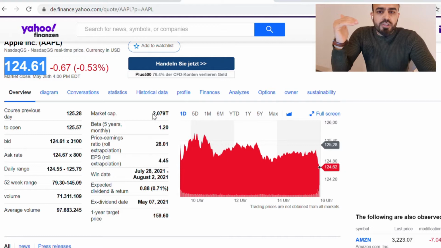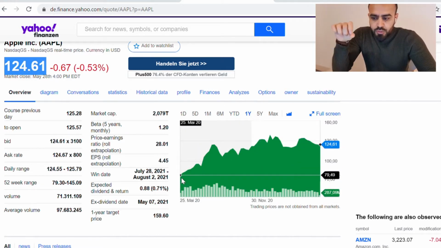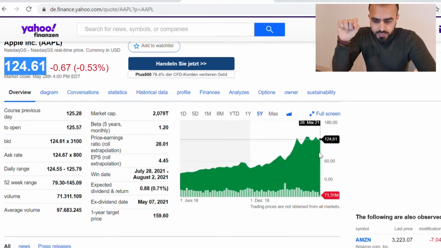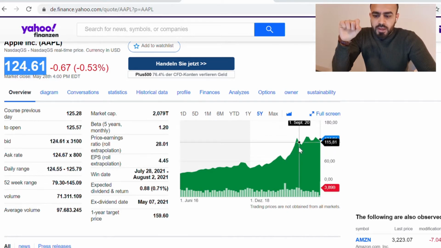in February 2020 or early March 2020, when the whole market went down because of the pandemic. Let's go into the 5 years chart and I can show this to you. You see, in early March 2020, the stock was around 63. So it went down from almost 80 to 60, and then it popped back, and right now it has doubled since then, literally.